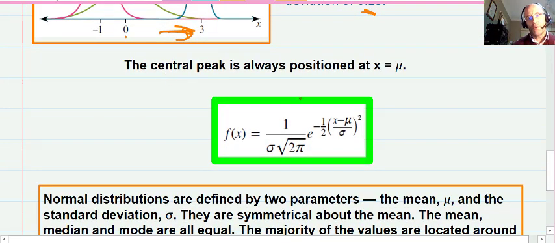The central peak is always at x equals mu. So the mean is at the center, mu being the mean from our previous work. In our rough guide, the next thing is this formula we're going to be using and adapting for normal distributions.